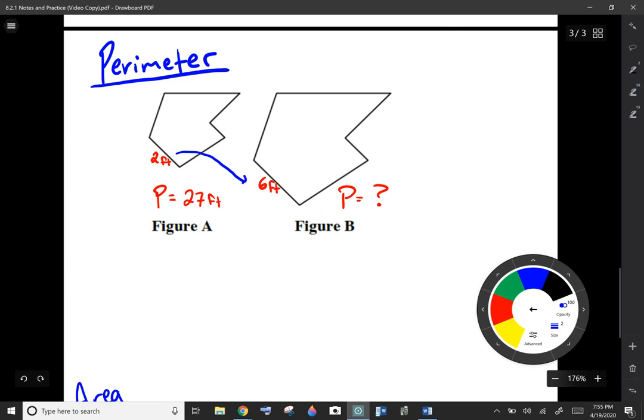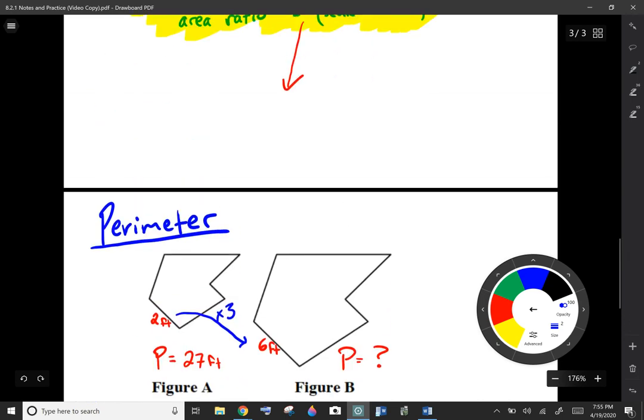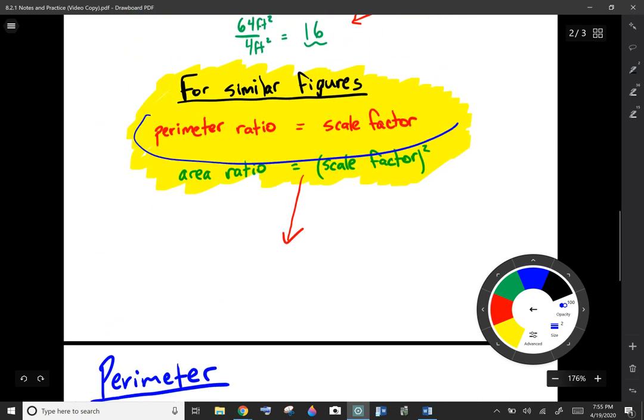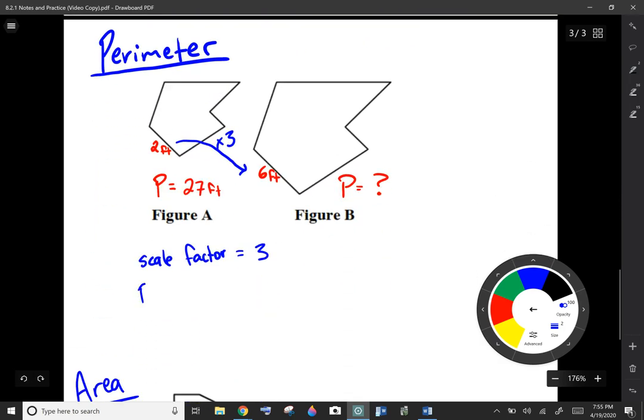So there's a couple things we do know. 2 to 6. That means that figure B is 3 times as large. In other words, our scale factor is equal to 3. That also means, if you look back up here, that our perimeter ratio is going to be the same number. So our perimeter ratio is also equal to 3.